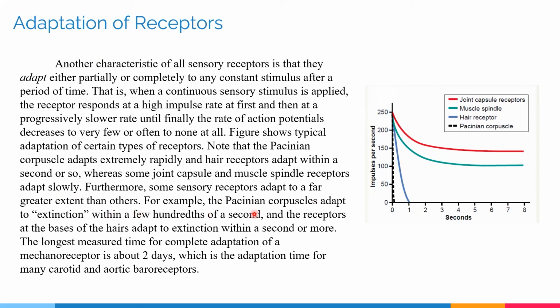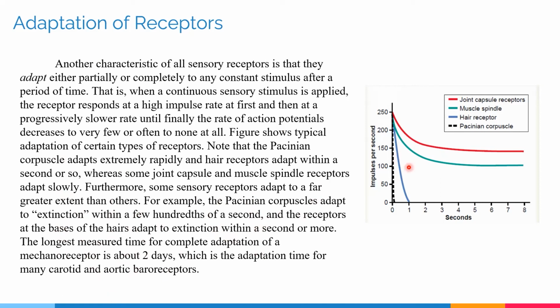For example, the Pacinian corpuscle adapts to extinction within a few hundredths of a second, and the receptors of the base of the hair adapt to extinction within a second or more. The longest measured time for complete adaptation of a mechanoreceptor is 2 days, which is the adaptation time required by the carotid and the aortic baroreceptors.